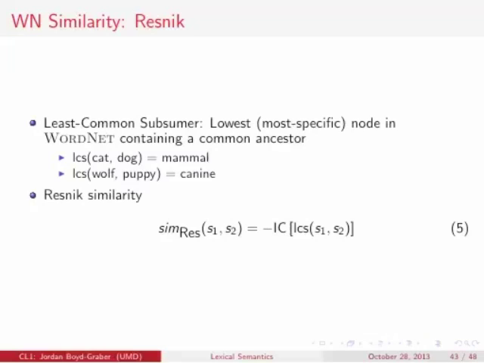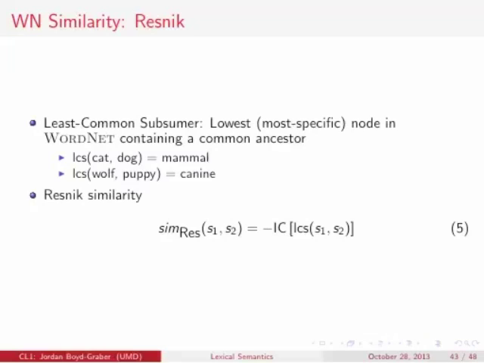One way of figuring out how close in meaning two concepts are is to take those two concepts and figure out what node in WordNet subsumes them. For example, for the concepts cat and dog, what is the most specific concept such that cat is an X and dog is an X?